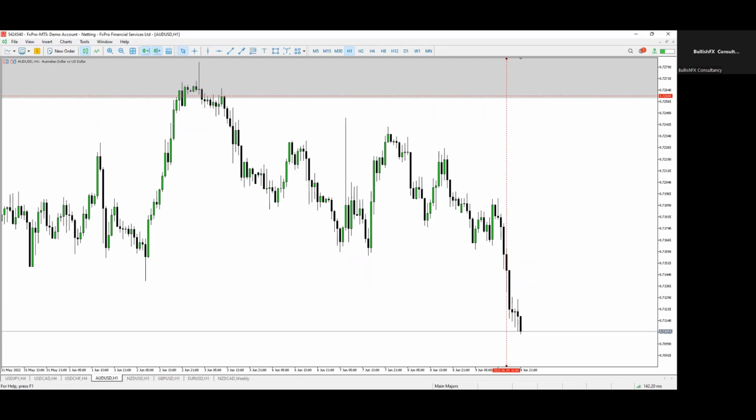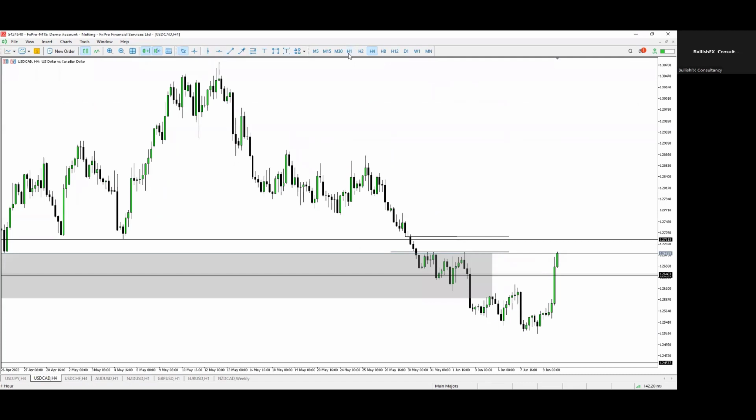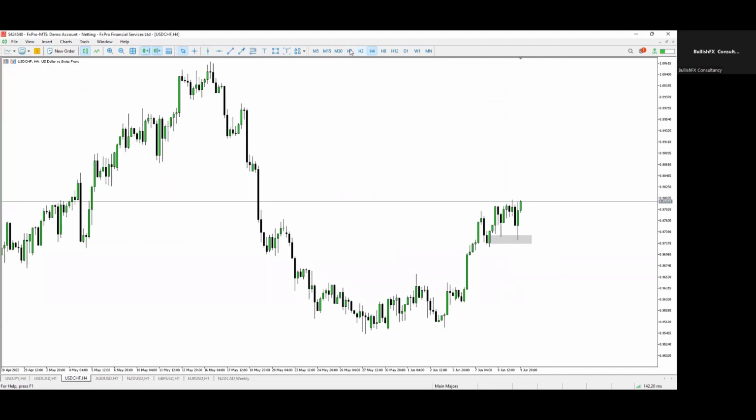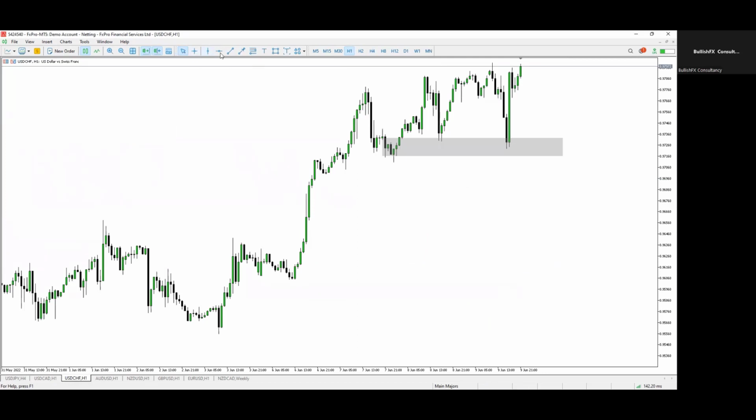Then if you go to USD CAD, which is inversely correlated to pound USD, you come to 1600 hours. Then you look at USD CHF, you also come to 1600 hours.